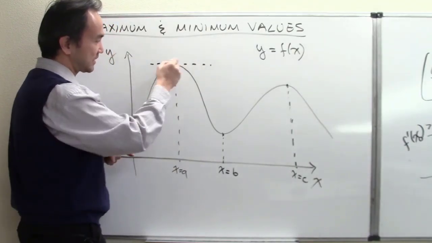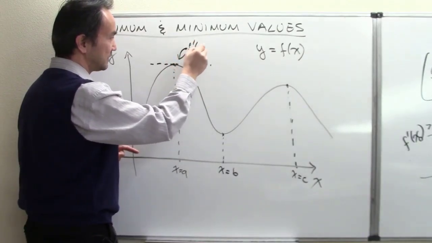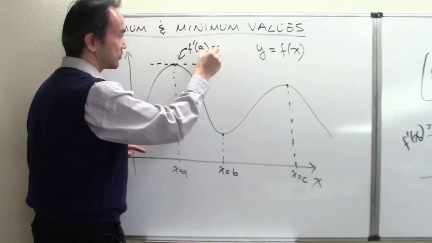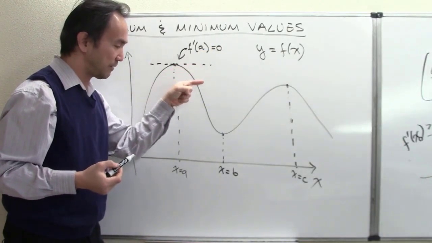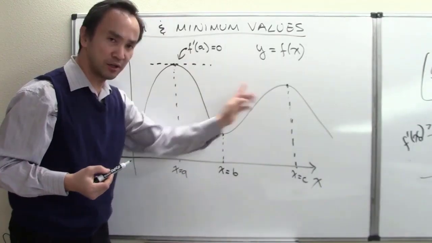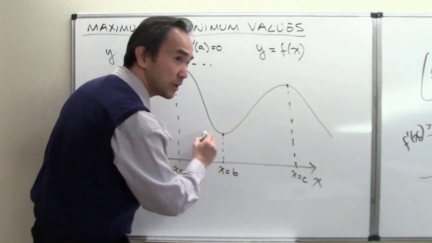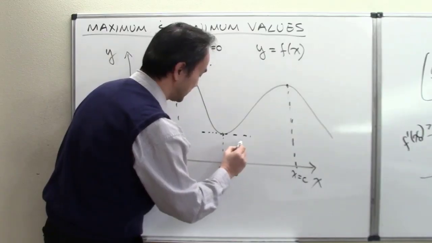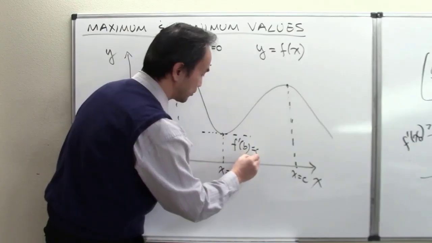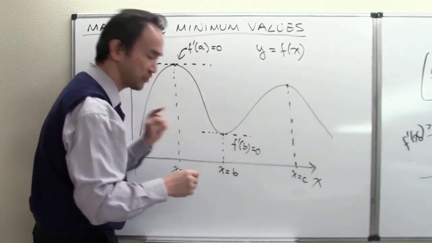Specifically, the derivative at x equals a has to equal 0, because it's a horizontal slope tangent line. And we're going to have the same behavior at the other points on this quick sketch. At x equals b, we are going to have a horizontal tangent line, so the derivative has to be precisely equal to 0. F prime at b has to be 0 because we have another horizontal tangent line.